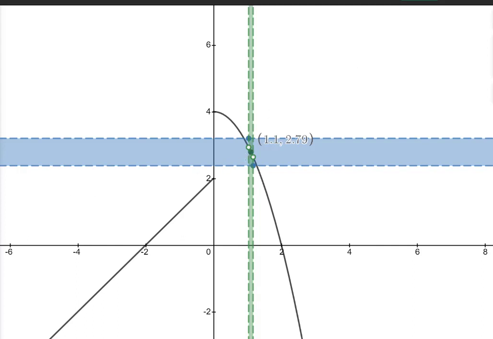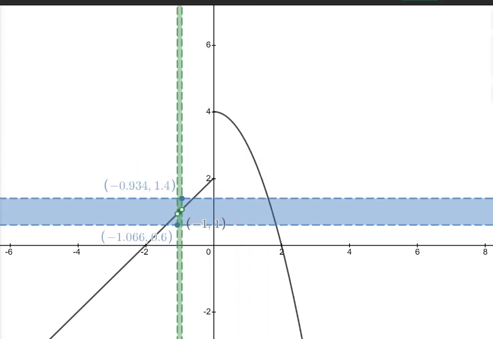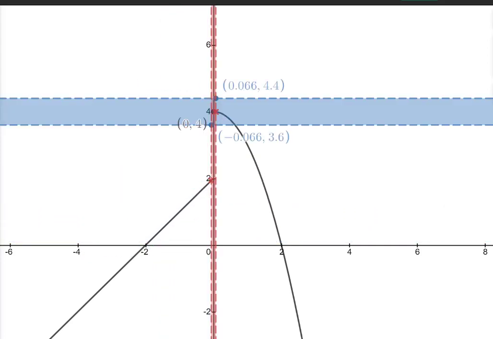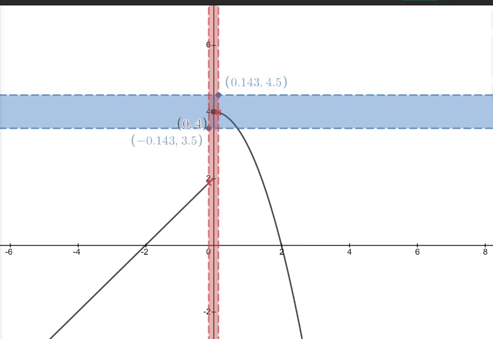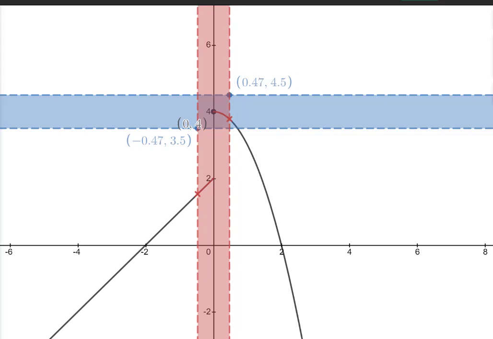So here, let me move this point here. I want to make it so that the c is 0. So I'm making the limit point be 0, and we're taking the limit of this function as x goes to 0. I'm going to make this epsilon 0.5 right now. And I'm going to make this delta, starting big, 0.5 as well.